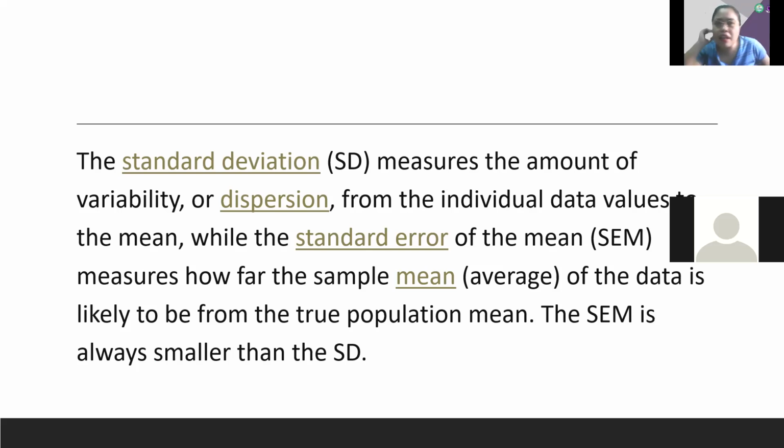So pinataba nila yung kanilang rabbit and then they gave the plant material and then they measured the weight of the rabbit if bumaba ba or hindi. However, after the experimentation, they have very varying weight reduction. And then when they computed the standard deviation, it's very big. Umabot ata siya ng 79.